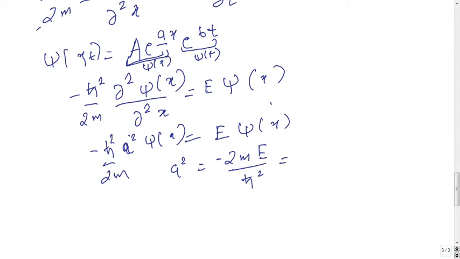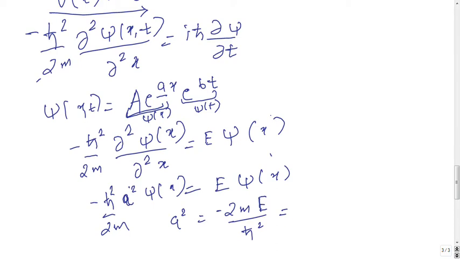And you know, if my particle is moving in free space, then its potential energy would be 0 and the total energy would be given by the kinetic energy it possesses. So E would be equal to only the kinetic energy, which you know is given by p squared by 2m.